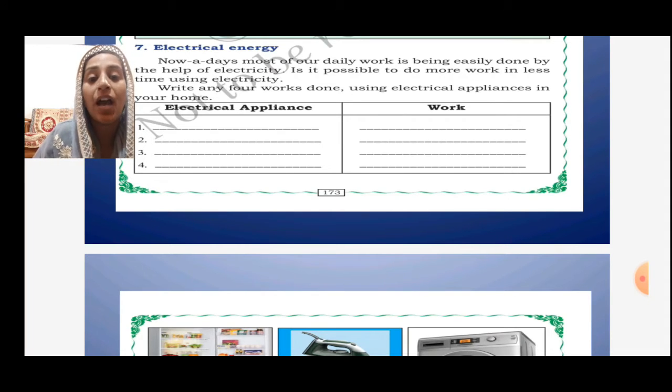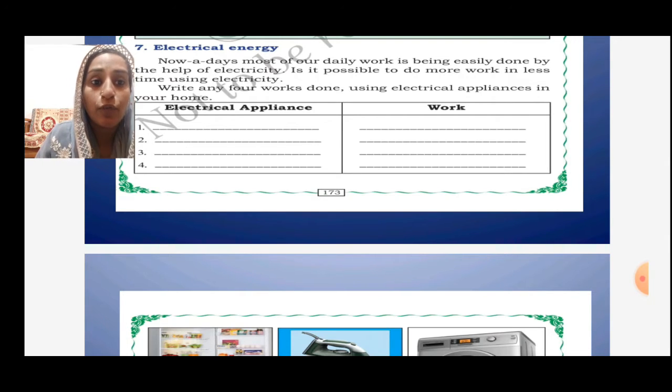These are all electrical energy. Nowadays, most of our daily work is easily done with the help of electricity. It is possible to do more work in less time using electricity.